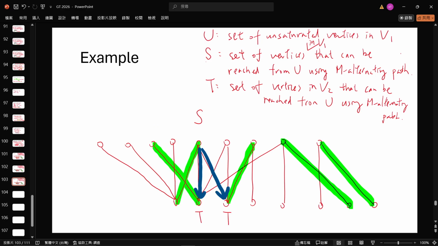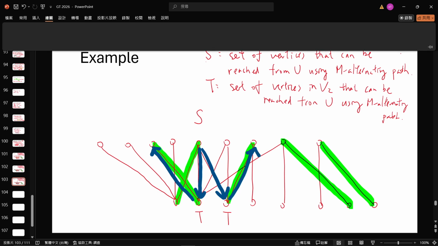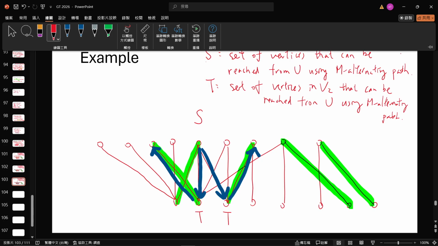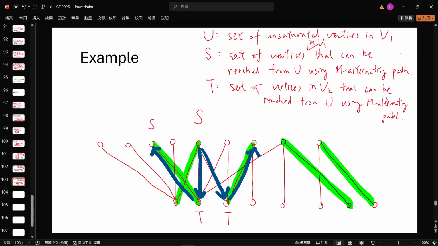And then we extend the path 1 edge further. So when we reach this vertex, we want to check whether we can further extend it. So that when we want to go up back to V1, we must use some edge in the matching, okay? Okay, so this makes these 2 vertices in S. Okay, so this is 1 round.